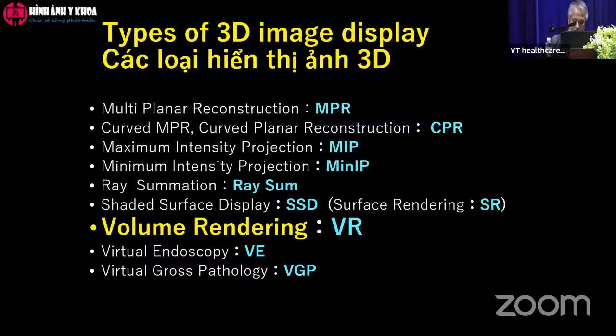There are virtual endoscopy, VE, and VGP, for observing the inside of the lumen. In addition, surface rendering, SR, was used until VR developed, but now SR is used outside of analysis.